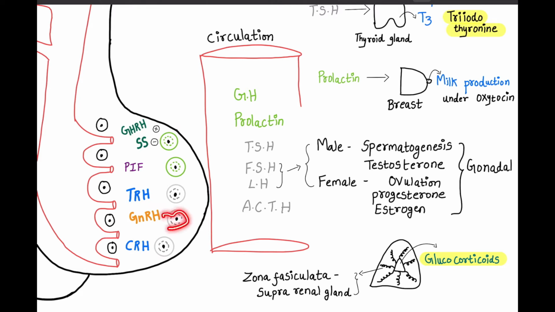It secretes follicle stimulating hormone and luteinizing hormone. Corticotropic releasing hormone acts on the basophilic cell, and it secretes and releases adrenocorticotrophic hormone.